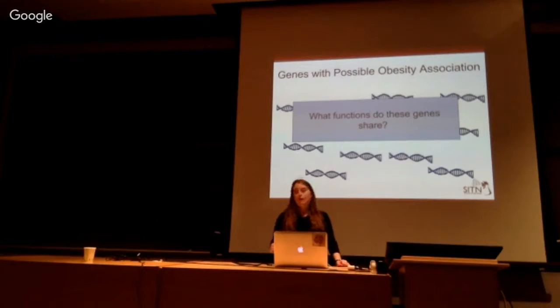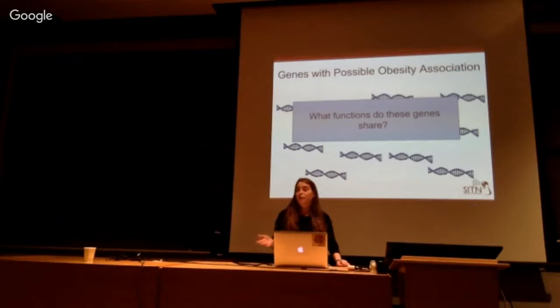And the reason that we care about this is because you can imagine that if we know that a SNP in a gene is likely to be associated with causing something like obesity, and we have a bunch of those, then it probably also means that those genes are interesting for the purposes of wanting to know what causes obesity, right? Because we have evidence that suggests that this gene might be causing obesity. So if we want to know what's causing obesity, we should figure out what these genes are actually doing, right?